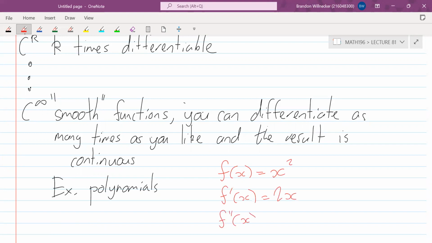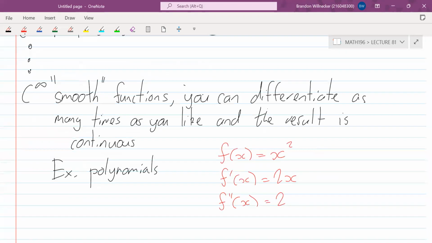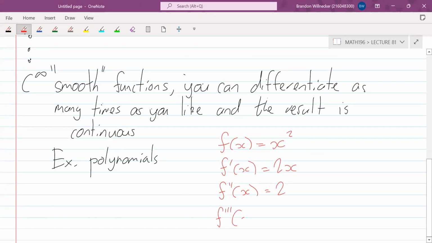Differentiate again, you'll get 2. Differentiate another time, you get 0. The 0 function is differentiable, so you differentiate the 0 function, you get the 0 function back, and you can do this as many times as you like. This example is just with x squared, but you could do this with any polynomial.